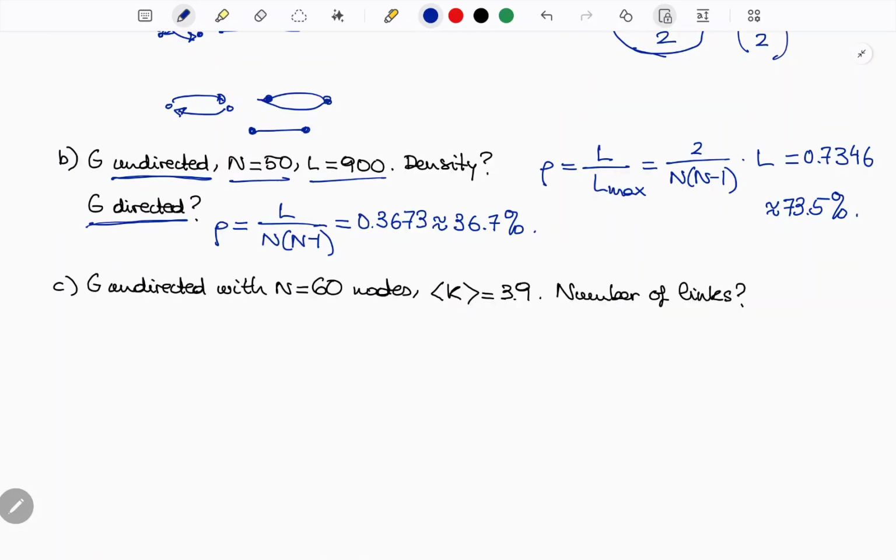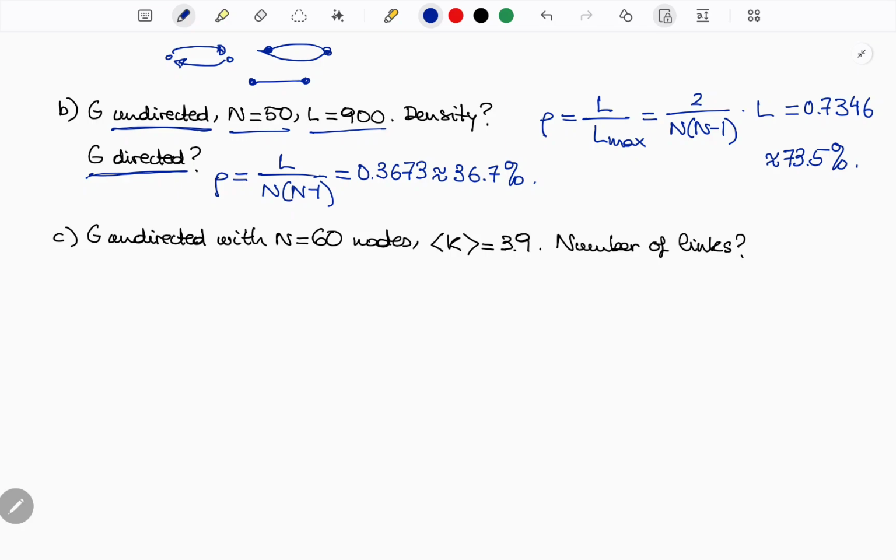Now the third question in this exercise, they're asking me for an undirected network with 60 nodes and an average degree of 3.9, how many links do I have? So they are asking me for this value, L. In this case, I'm going to solve it using the definition of the average degree.